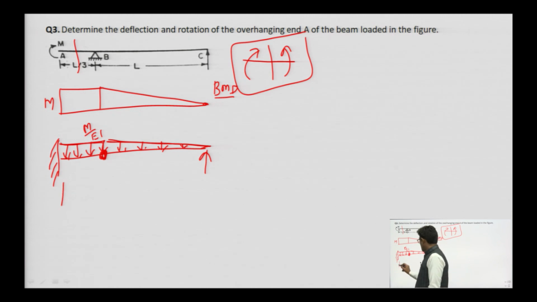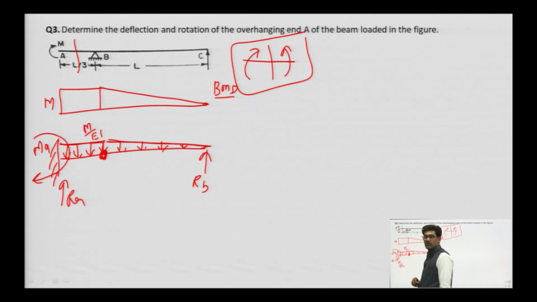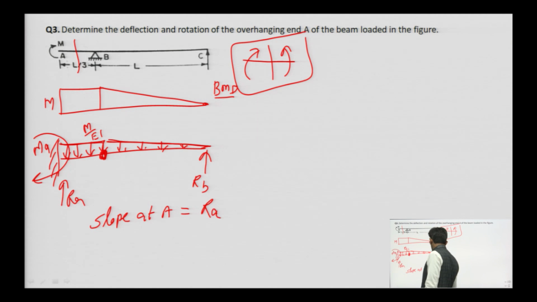This is point A. Say the reaction is RA, here it is RB, and the moment here is MA. So the slope at A will be the shear force, which will be RA. Slope means rotation, this one.